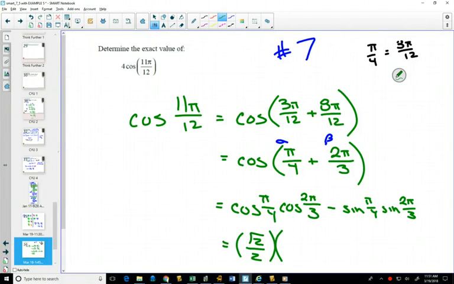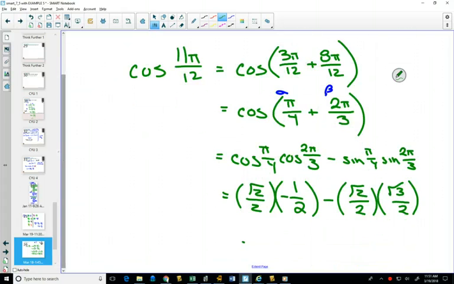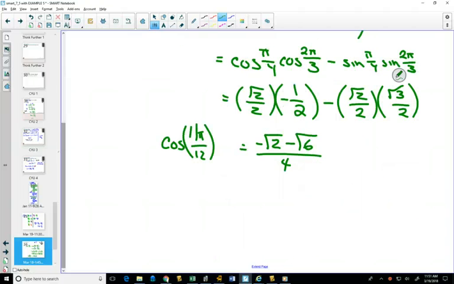Cos, quadrant 2 will be negative 1/2, minus sine is root 2 over 2, quadrant 1. Sine in quadrant 2 is positive. And so we get that cos of 11 pi over 12 is equal to negative root 2 minus root 6 all over 4.